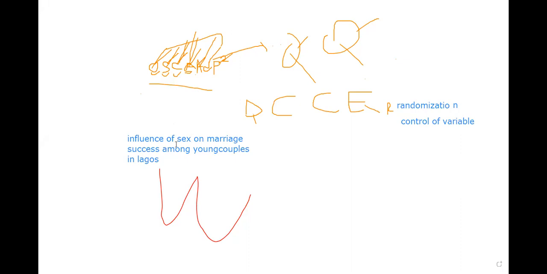We are saying something about the young couples in Lagos. So, in the influence of sex on marriage success among young couples in Lagos, what variable is sex? What variable is marriage success? Sex to some extent is dependent on the success of the marriage.